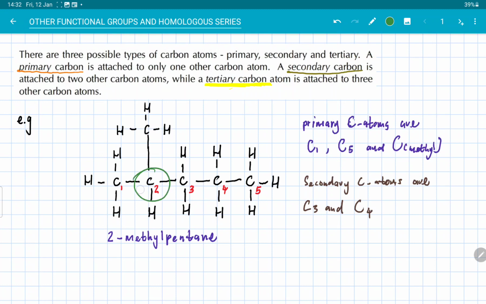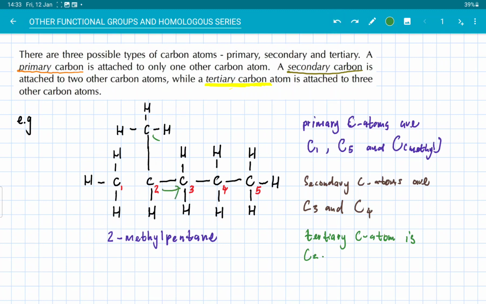Because it is attached to C1, to C3, and also to the methyl carbon. So a tertiary C atom is C2, for example. So anyhow, that's the case.